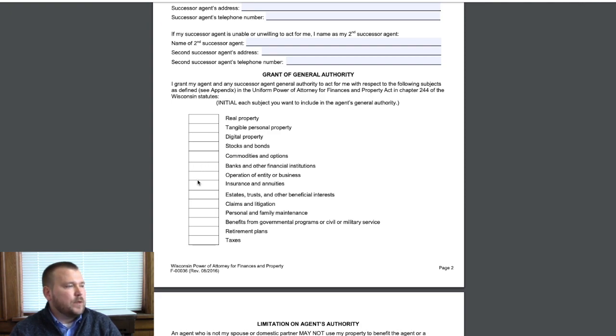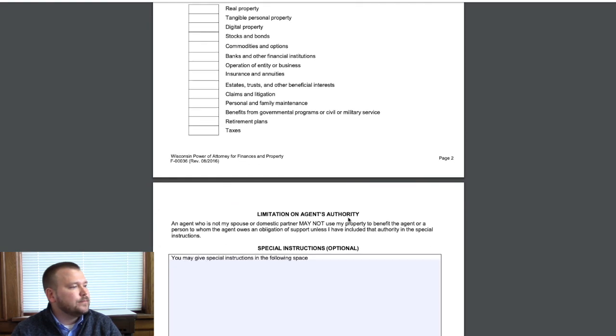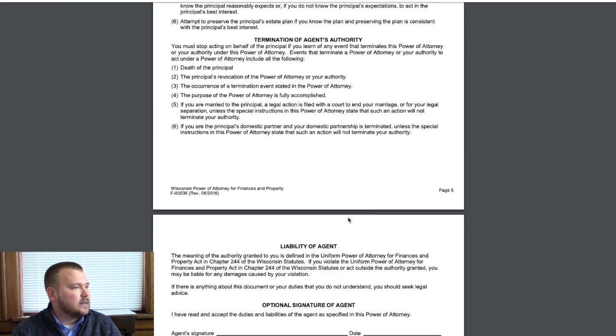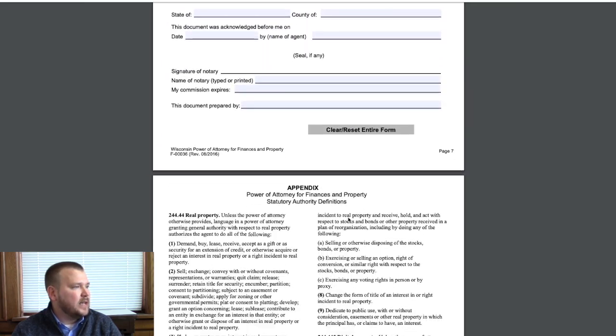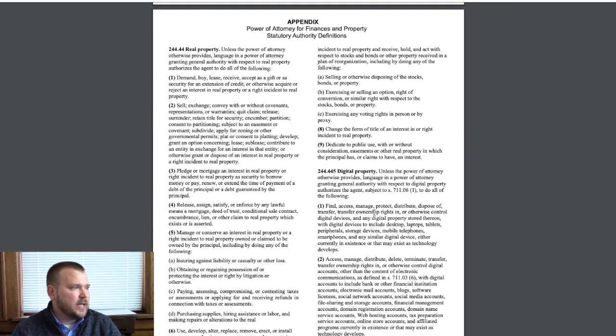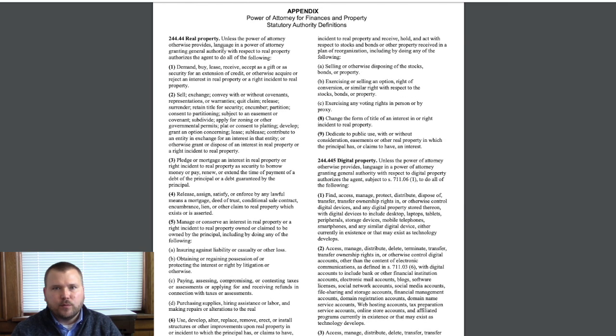Now then, you may say, well, these are very, very broad, right? Real estate. So I'm giving authority over real estate. What does that mean? Fortunately, if you scroll down or flip the page down, the last 7 or 8 pages is the appendix, straight out of the statutes, and explains what it means. Okay? There's very little wiggle room in these.